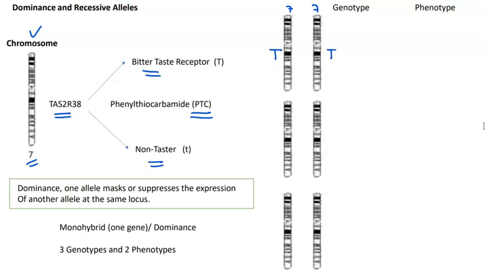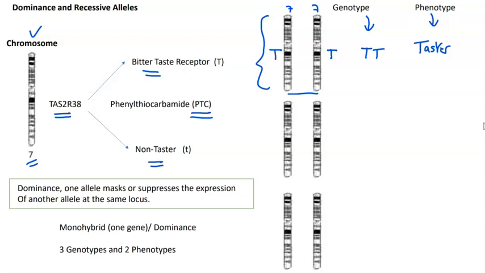Then we look at the other one inherited from the other parent, and it turns out that they are identical and they allow us to taste the bitter phenylthiocarbamide. So the genotype using the letter system is expressed as big T, big T. And the phenotype would mean that the individual here would be a taster, so they can taste the bitterness. That's this individual here with their homologous pair.